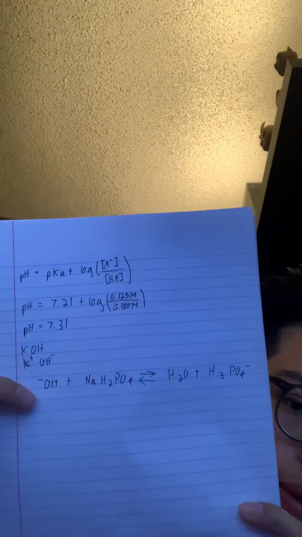Okay, so here I have the start of my change table. So it's our original concentration, then our change, then our equilibrium equations. So I'm going to fill this in really quick. We have our hydroxide, which is 0.050 molar. Then our monosodium phosphate of 0.100 molar.